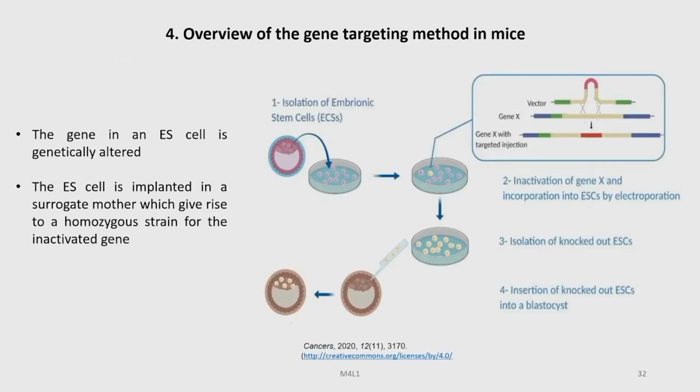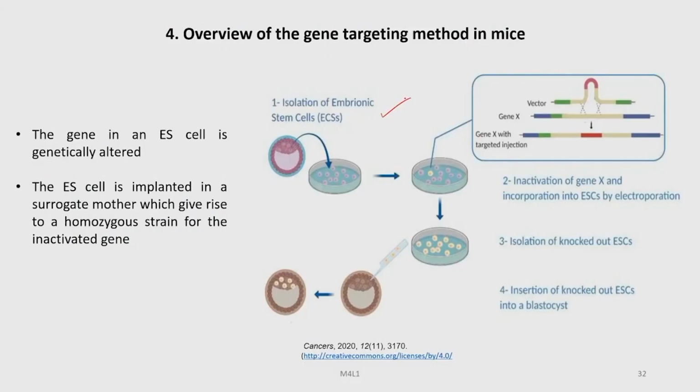Overview of the gene targeting methods in mice. This is carried out in a multi-step procedure. The first step is the isolation of embryonic stem cells. The second step is the inactivation of gene X, and then incorporation into the embryonic stem cells by electroporation.